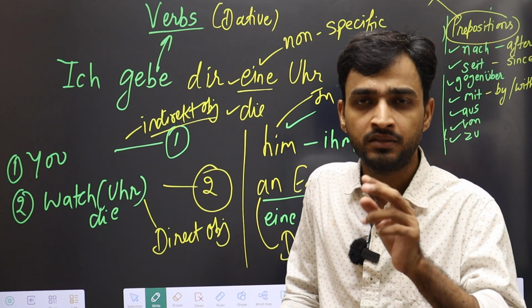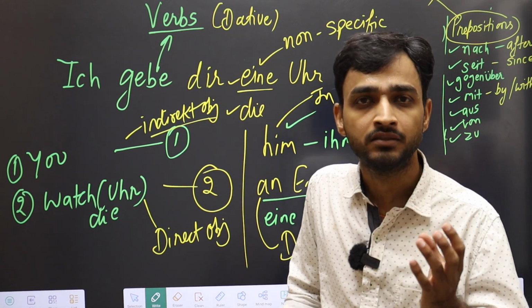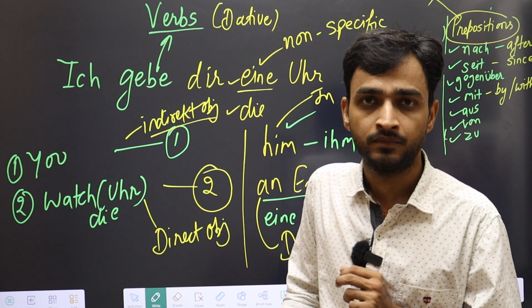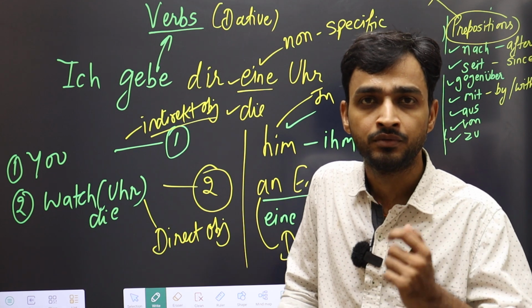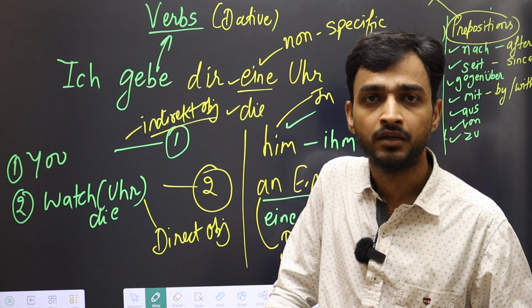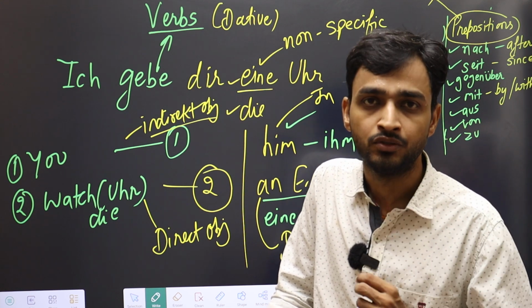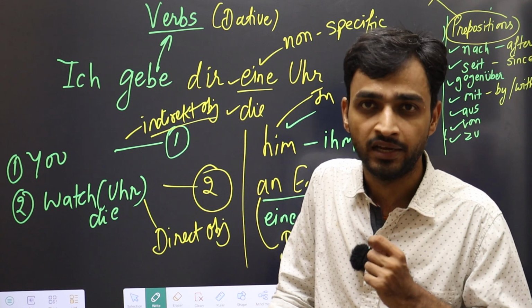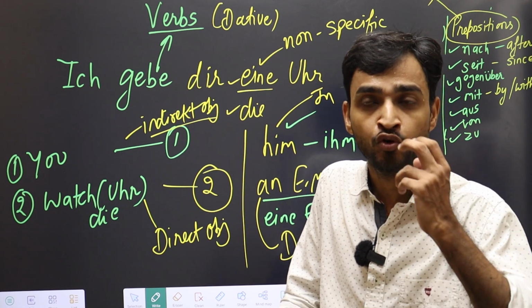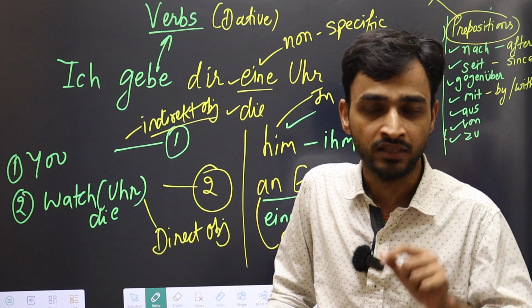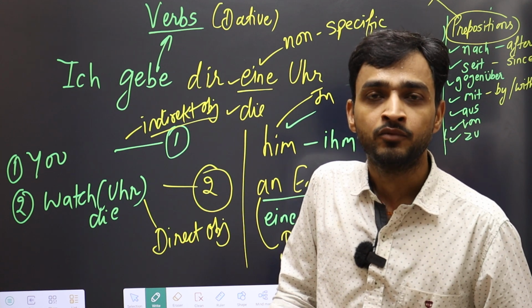Indirect is a person, direct is a thing, Sache, Dinge. I write you an email. You is dative. I send you a packet. You is dative, indirect object. Eine Person. Indirect Objekt ist immer eine Person. Das müssen Sie im Kopf behalten.